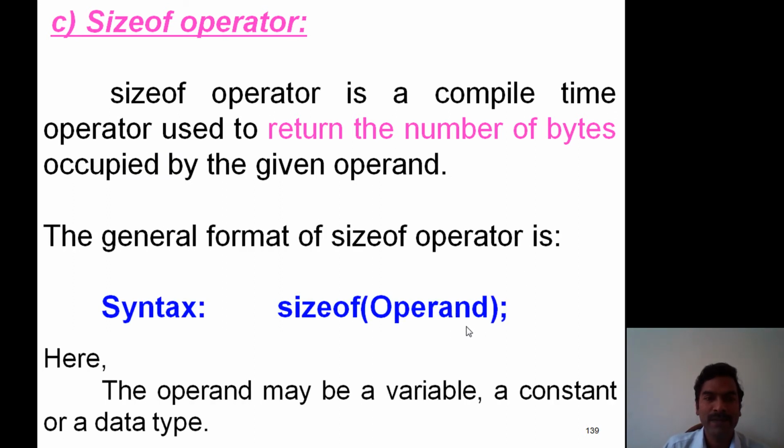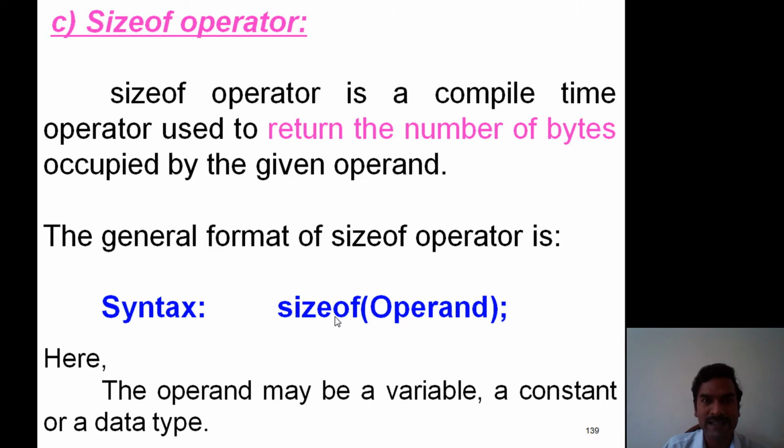Now this one, the general format of the sizeof operator. Listen students, compared to previous operators, for each and every operator there is a symbol. But in case of the sizeof operator, there is no symbol. Here, this operator is used as the word sizeof.